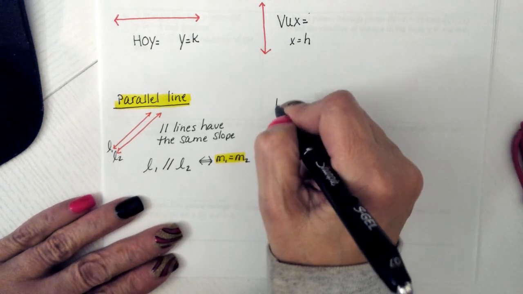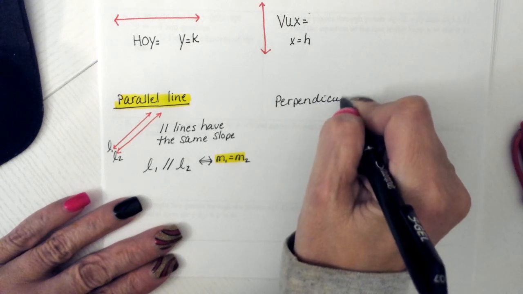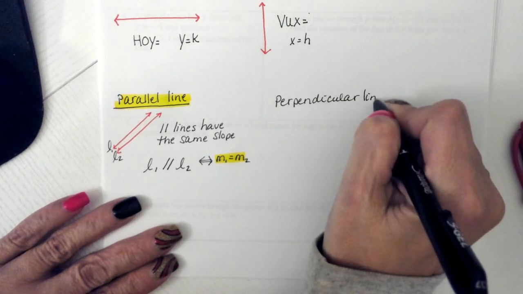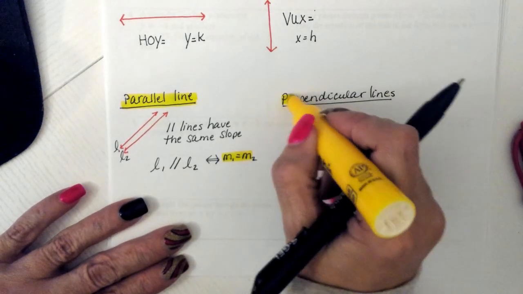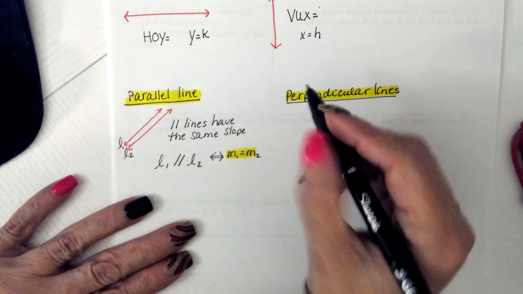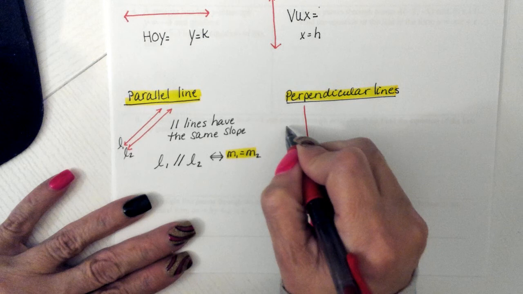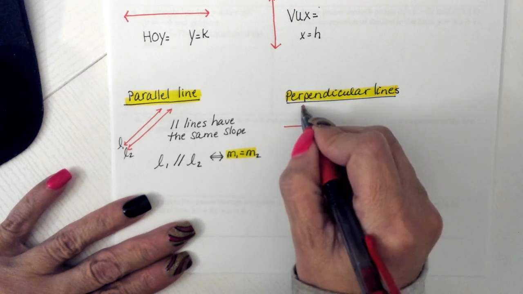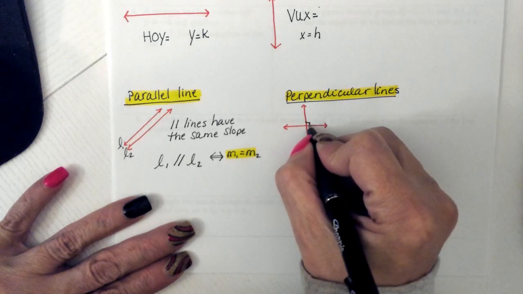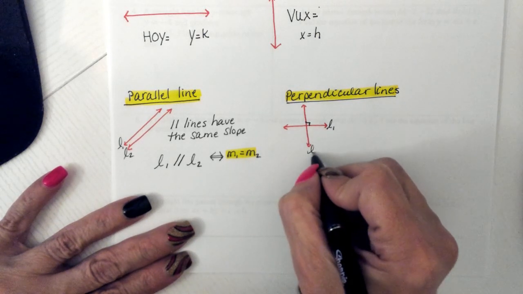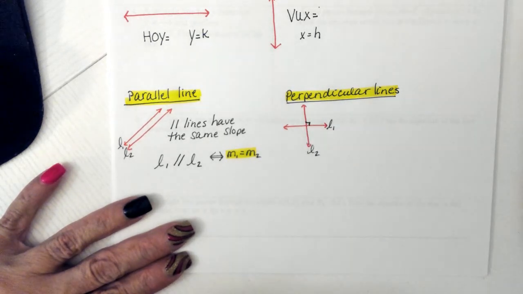Okay, let's look at perpendicular. Perpendicular lines, and you may remember it's the upside down T, make a 90-degree angle. So if you have perpendicular lines where this is L1 and this is L2, they make a 90-degree angle right here.